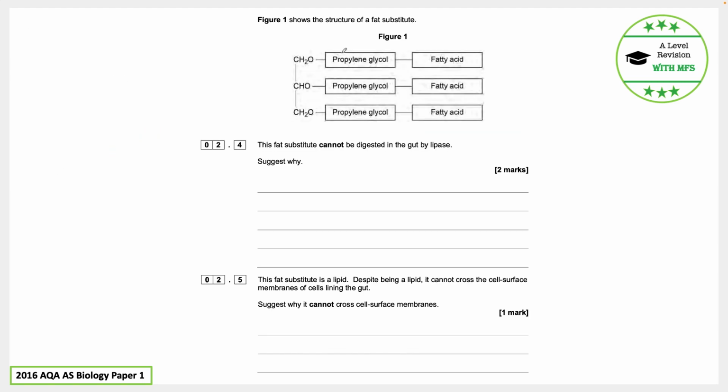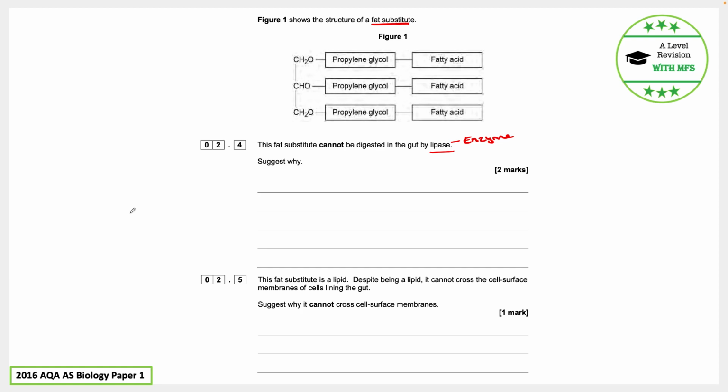Next question, figure 1 shows the structure of a fat substitute. The fat substitute cannot be digested in the gut by lipase, suggest why. So remember, this is a fat substitute. So remember, lipase is an enzyme, okay? And it will have an active site which is complementary in shape to its substrate.